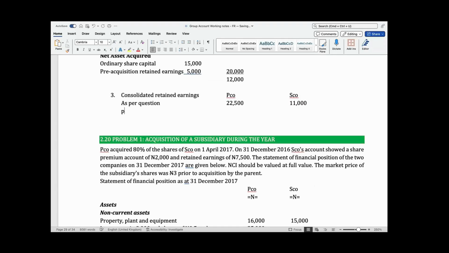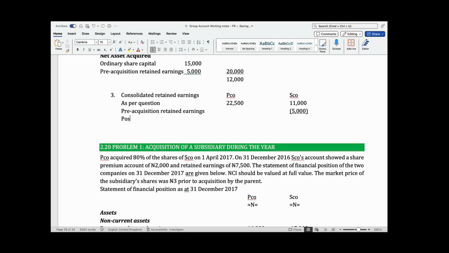Remove what? Pre-acquisition 5,000. Remaining how much? 6,000.